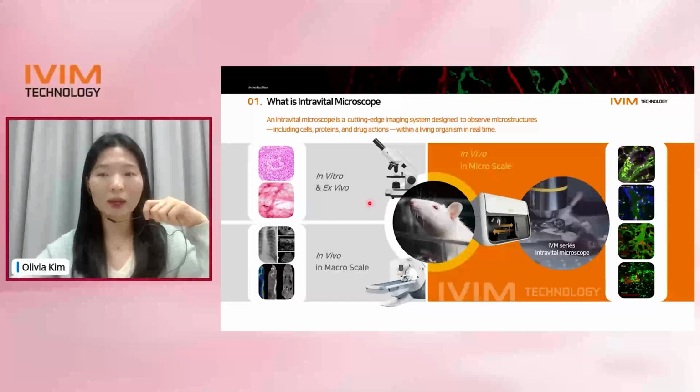As a result, they lack the ability to capture real-time biological and physiological changes and do not fully reflect the complexity of the in vivo environment. In vivo imaging modalities such as PET or MRI are valuable for analyzing physiological changes at the tissue or organ level, but they lack the resolution needed to visualize cellular level events.